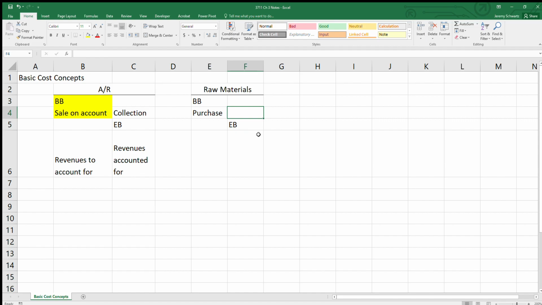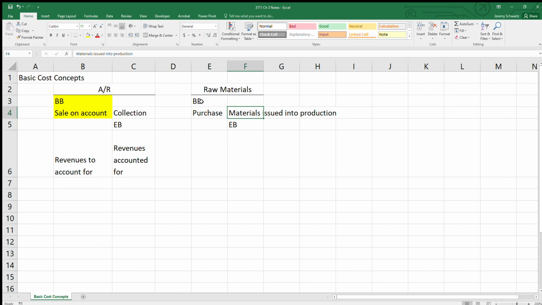And so a reduction in raw materials would be when it moves from raw materials into production. So this would be materials issued into production. Now, there might be some other examples or terminology that your textbook might use, but basically, this is what we're accounting for.